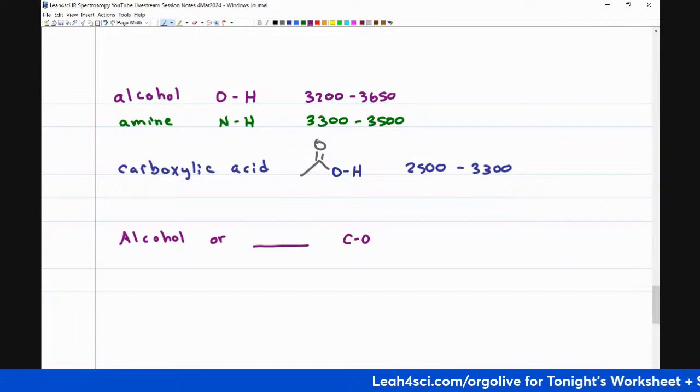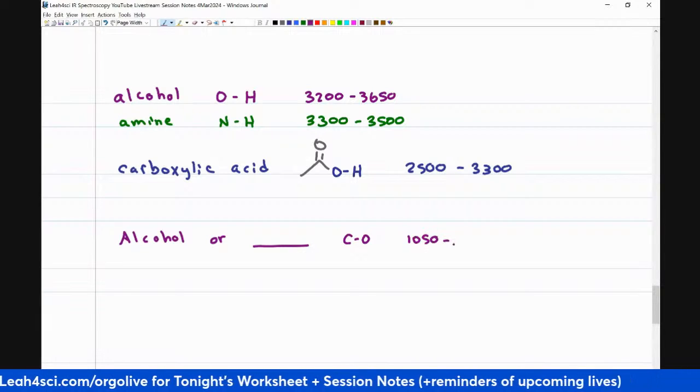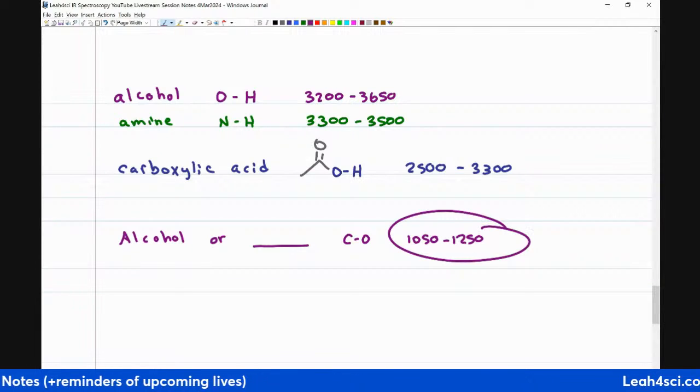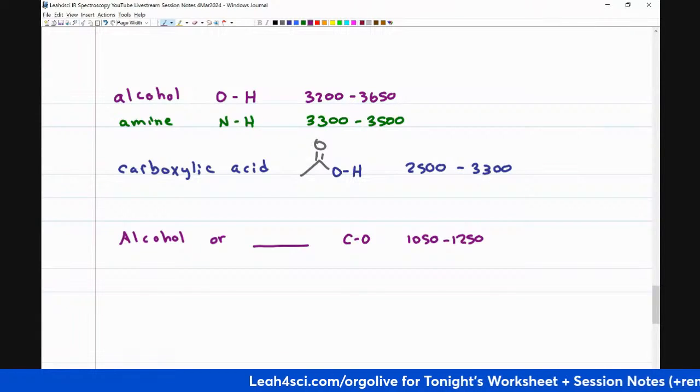This is another exception to the fingerprint region because it shows up in the area of 1050 to 1250. Again, we hardly ever look in the fingerprint region. This is one, and the skinny fingers for a carbon-to-carbon double bond or aromatic ring is the other, and that's it.